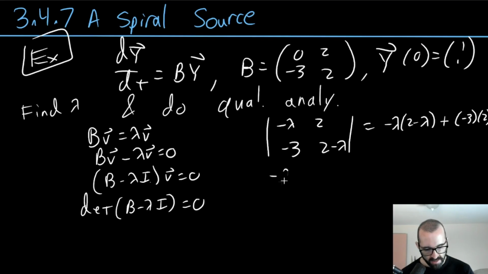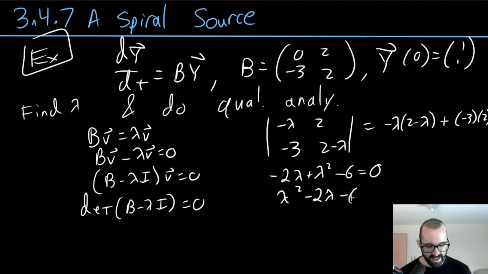So we're going to say negative 2 lambda plus lambda squared minus 6 needs to equal 0. That's a little weird. I'm going to multiply everything by a negative. That makes me happier. Oh, wait, no, I'm going to just rearrange the terms. Lambda squared minus 2 lambda minus 6 equals 0. This is fun because I don't have notes for this. We're just solving it together.